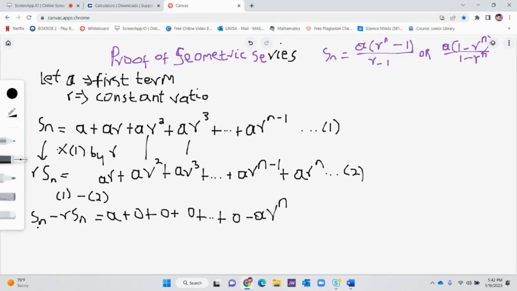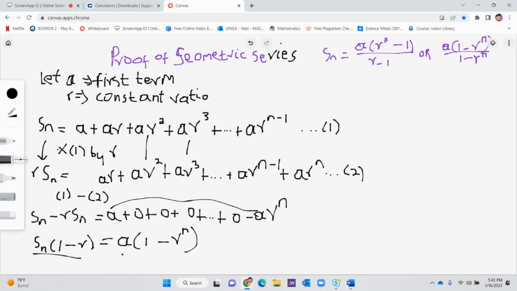Do notice here that we have a common factor Sn. So we're going to take Sn out as a common factor. Then we are left with Sn divided by Sn is 1, rSn divided by Sn is r, equals 0 plus 0 is 0, but then we have common factor a in this case. If we take a out as a common factor, we are left with a divided by a is 1, minus ar to the power of n divided by a will be r to the power of n.